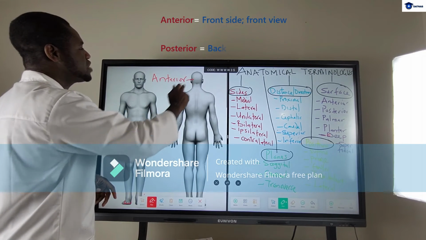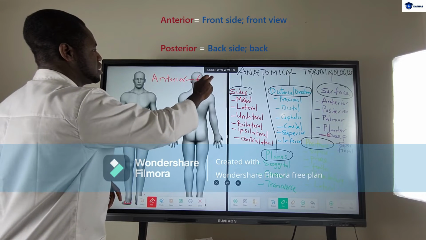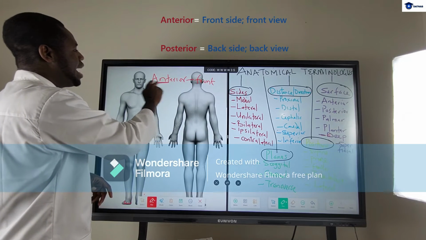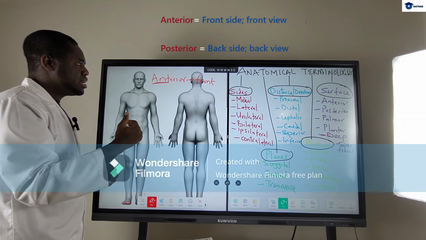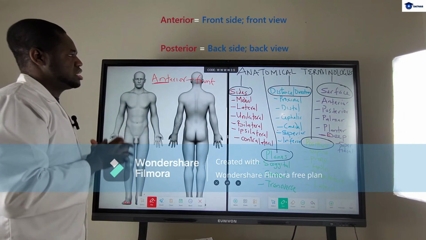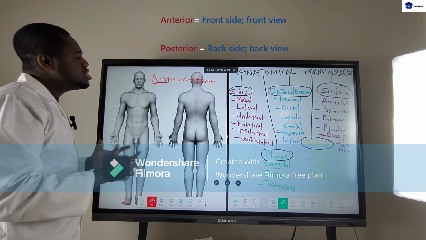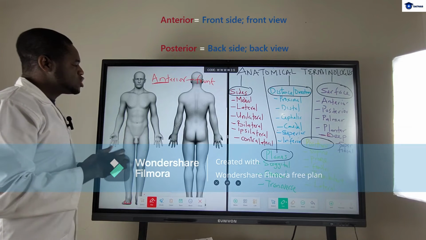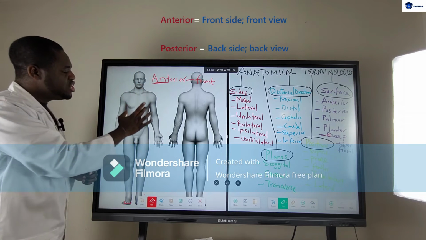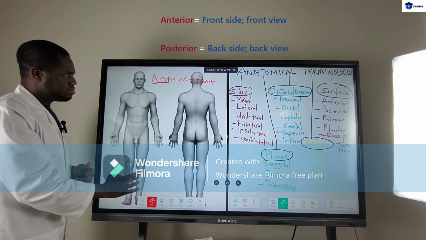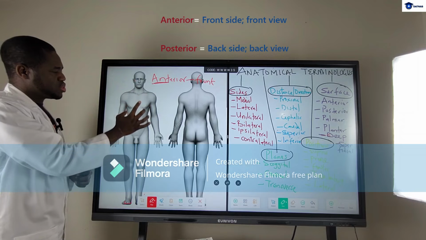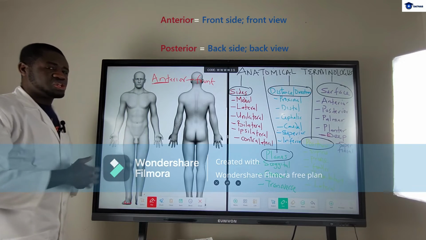Anterior means front, from the word ant. Ant means something that comes first, front, something that shows first. So anterior means front. This is the front view of the body, the front surface, the anterior surface of the body.